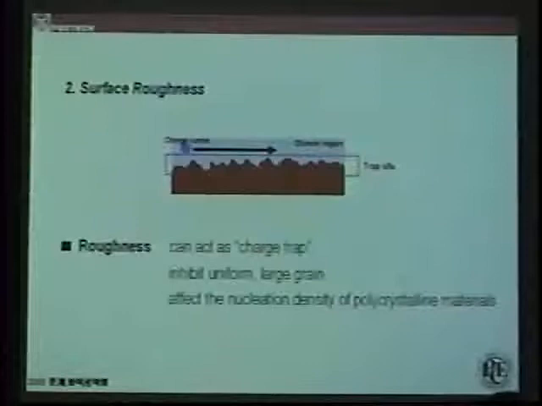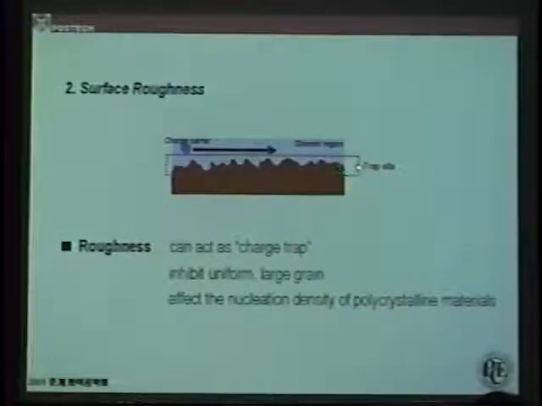And another topic is roughness. If you have a roughness, this roughness can act as a trap site. So this trap site can inhibit uniform and large grains, so the grain size will be smaller, and it also affects the nucleation density.